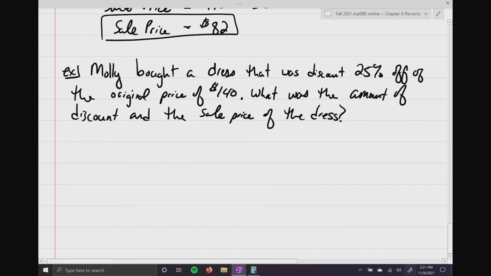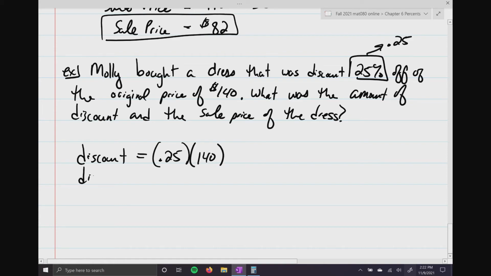So what we need to do first is find the discount. We know the discount is going to equal the discount rate. In this case, 25% as a decimal is 0.25 times the original price, which is $140. So our discount is going to be $35.